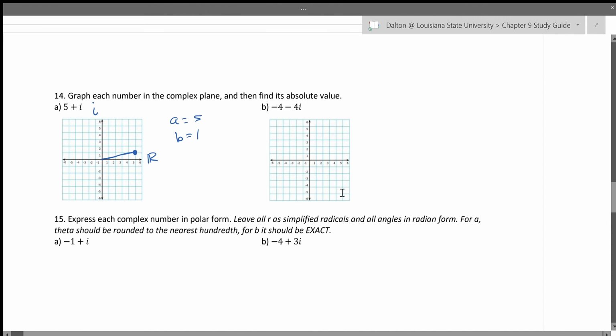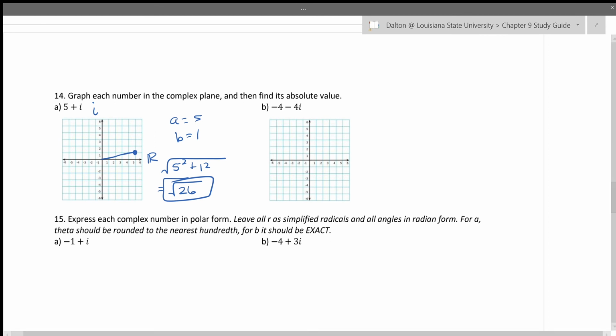To find its absolute value, that's the distance away that its endpoint is, or the length of that whole hypotenuse, which could be found by doing the square root of a squared plus b squared. So it'll be 5 squared plus 1 squared, which will be the square root of 26. 26 cannot be broken down any further, so we will leave it as is.